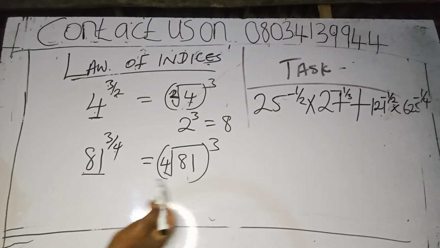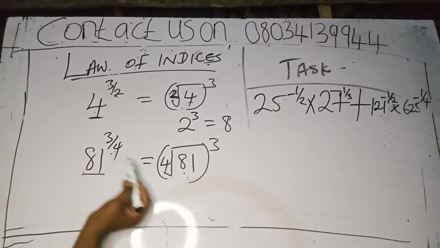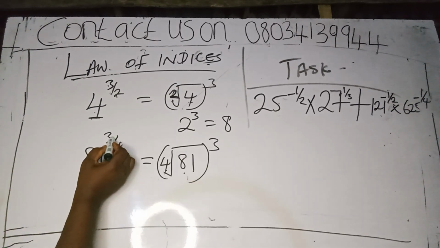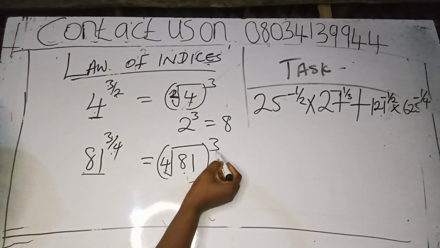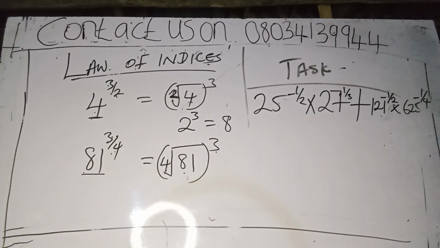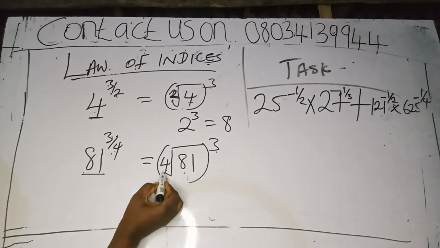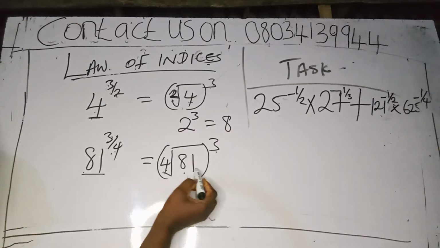Remember, the base within, the denominator, the determinant, the power, the numerator expresses them to a power. So what number multiplies itself 4 times to give us 81?